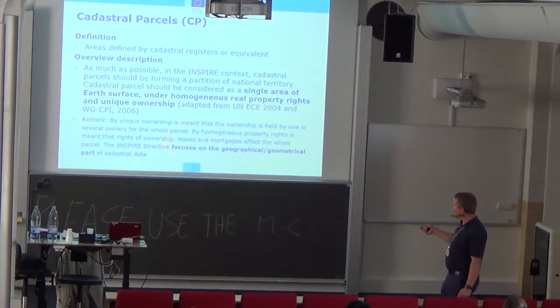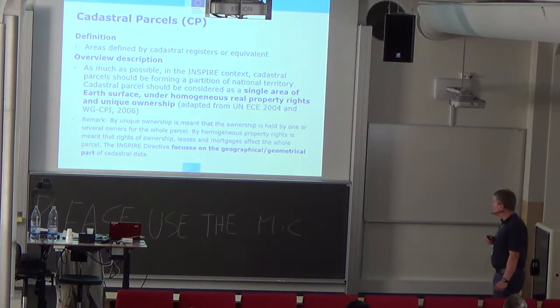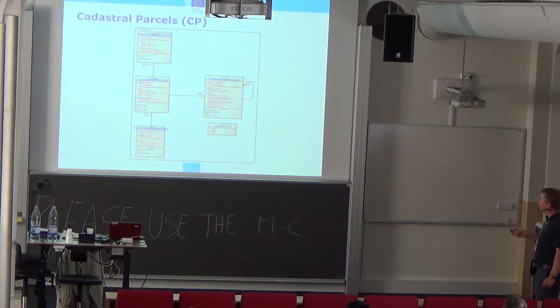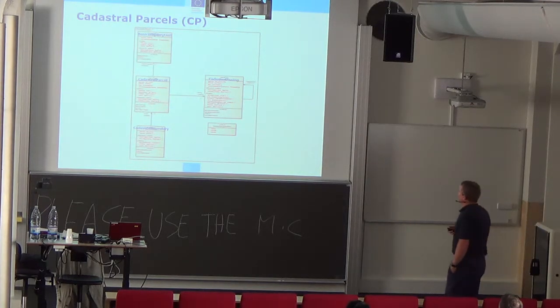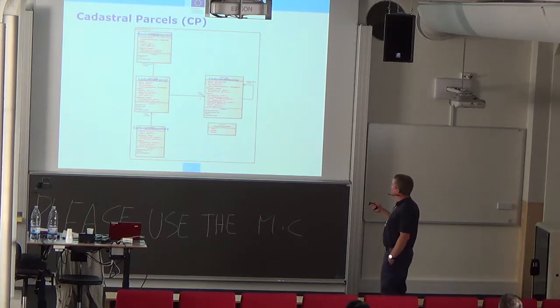So the Inspire really focuses only on the geometrical part of cadastral data, and in cadastral parcels we have actually four feature types. It's a cadastral parcel, it's cadastral zoning, it's a basic property unit, and cadastral boundary.